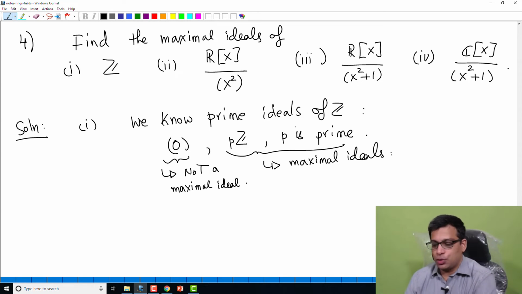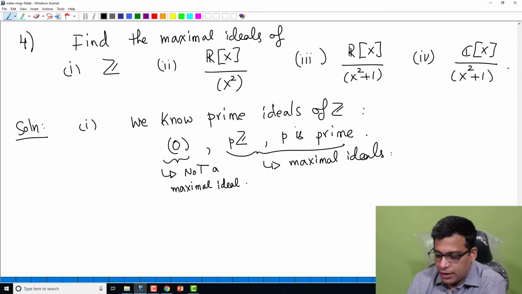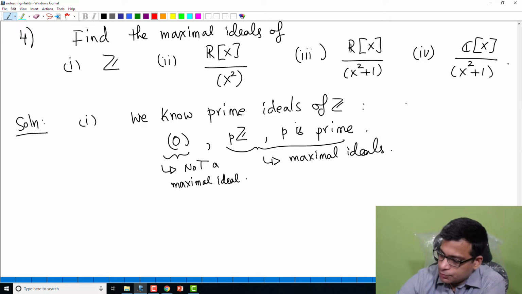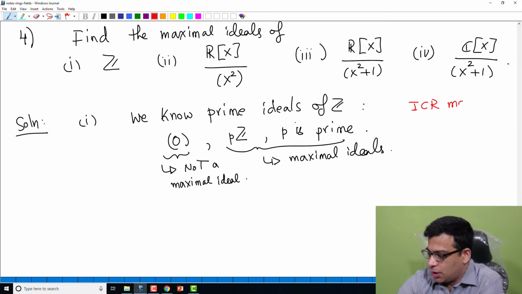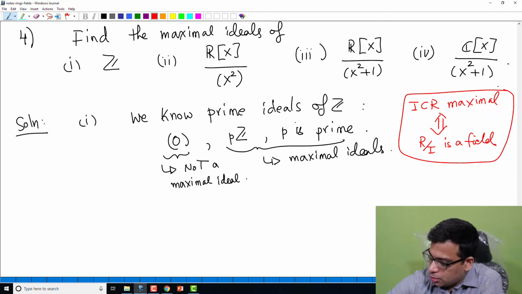There are several ways of doing this. pZ cannot be contained in a bigger ideal, or equivalently Z mod pZ is a field. So we have shown that, we recall, I in R is maximal if and only if the quotient ring R mod I is a field, right? And in this context, I'll also recall for you, though we don't need this here, I in R is prime if and only if R mod I is an integral domain.